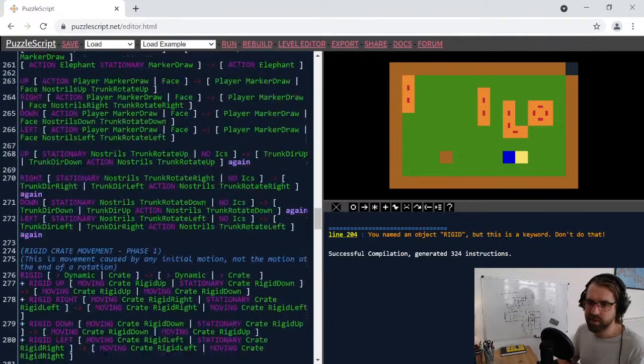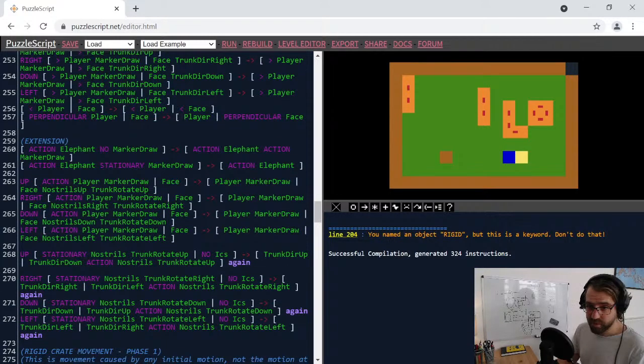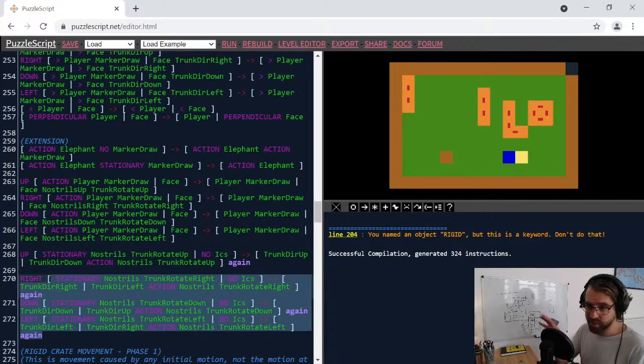So then, I need to get the situation where this is the situation where the nostrils can keep moving. I want the situation where it can't. I guess I'm just going to have to do some more rules.